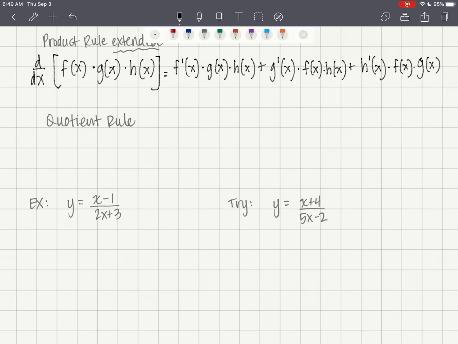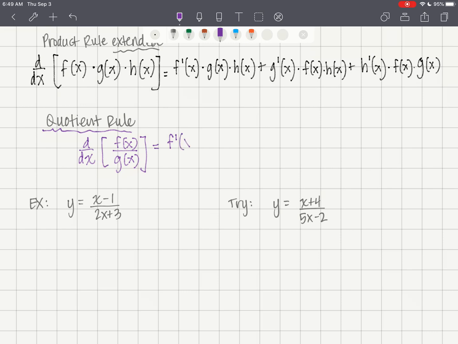Now I'm going to use a pretty color here because this quotient rule is, purple's always a pretty color. Our quotient rule is a good one. If I've got the derivative of f of x over g of x, so I've got a variable factor in the numerator, a variable factor in the denominator. This is how it goes.